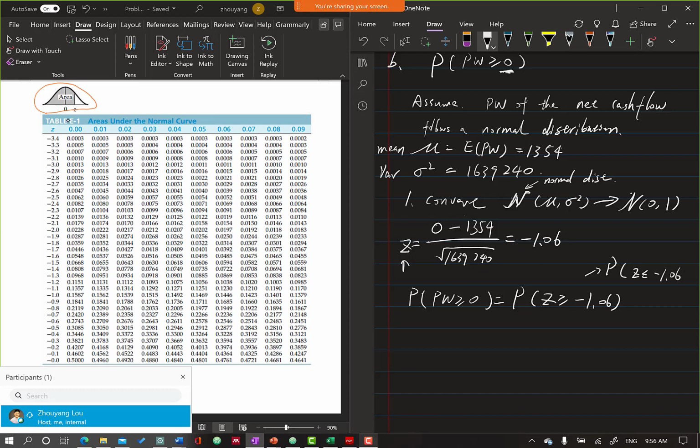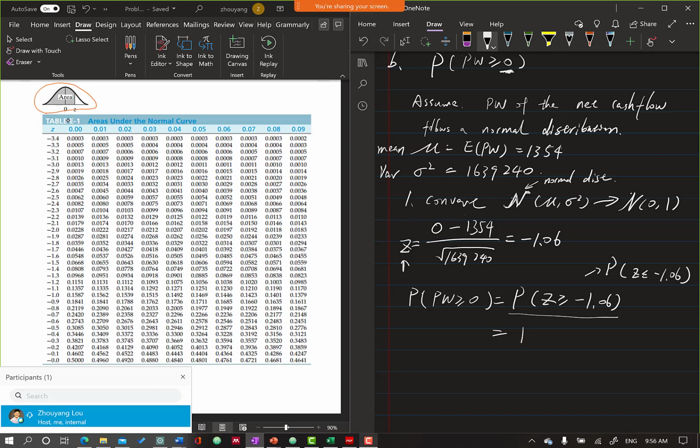Here it is 1.06 from the table. So we do need to do a little bit of conversion, since this probability is just the area under the curve, and the total area under this normal distribution, of all the probability distribution, will always be 1.